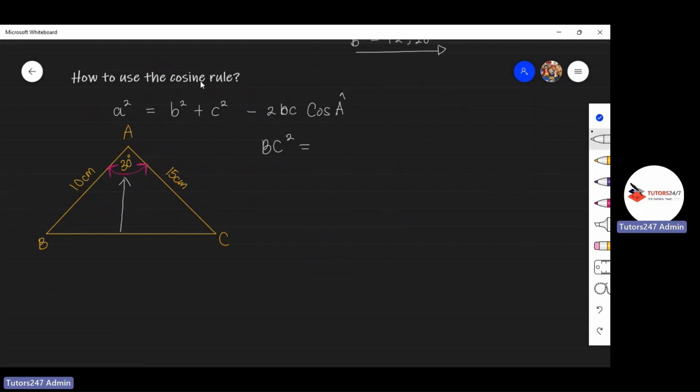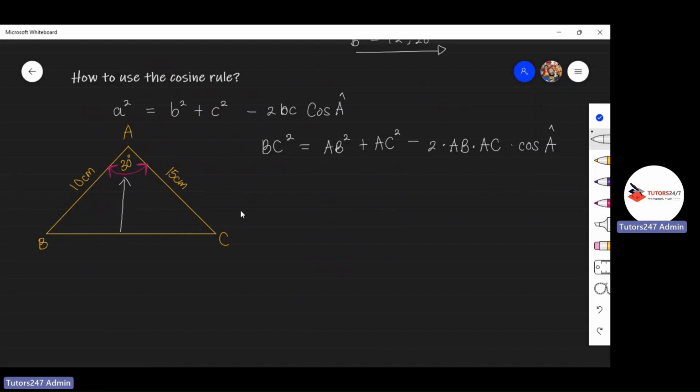Now we've already determined that the sides that we are going to use for b and c are AB and AC, minus 2 times AB times AC times cos of our angle A. So that is important. If you're finding the side BC, you use the angle that is opposite BC, in this particular case, angle A of 30 degrees.